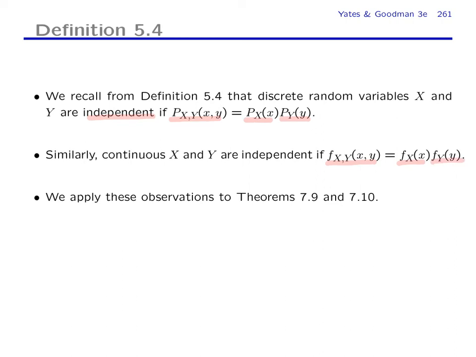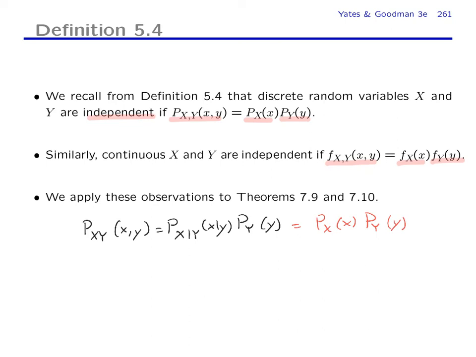And now if we think about what we had before, in the discrete case, for example, the joint PMF was the conditional PMF of x given y times the PMF of y. And if they're independent, this would be the PMF of x times the PMF of y.